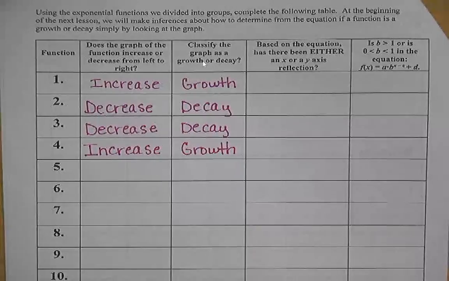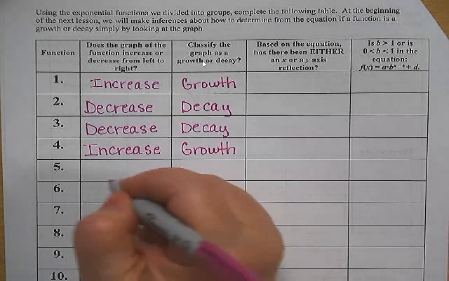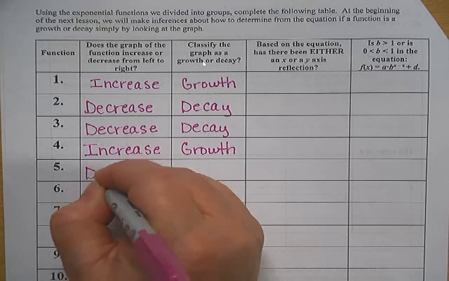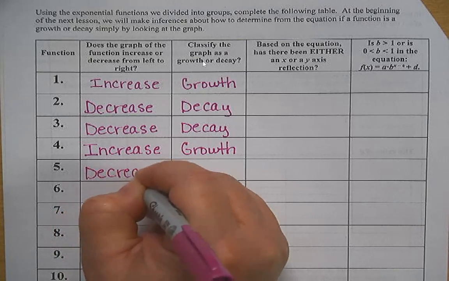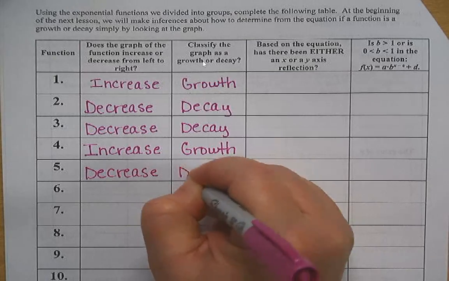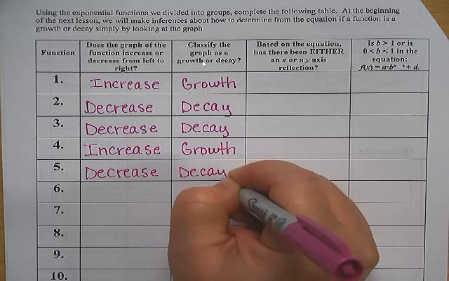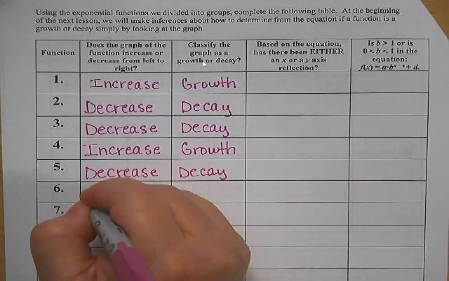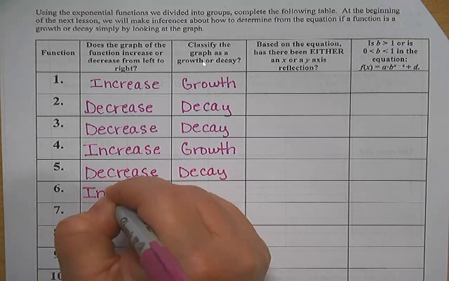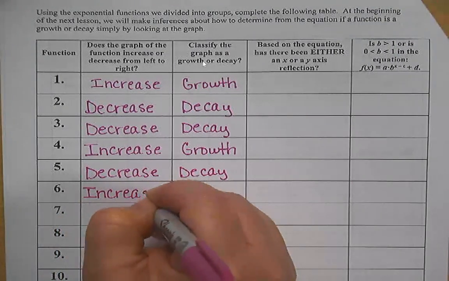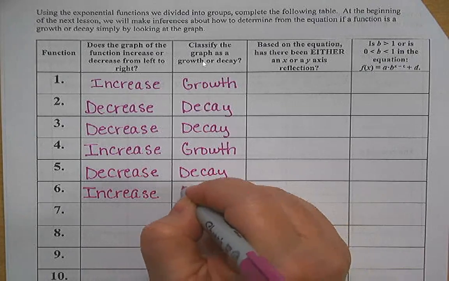And we'll continue on in this fashion. Number 5 is a decreasing graph, which makes it a decay. Number 6 will increase, making it a growth.